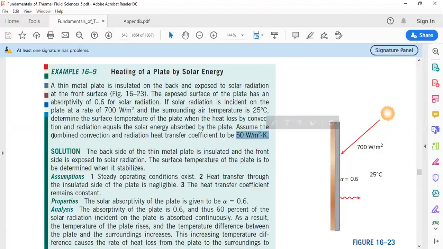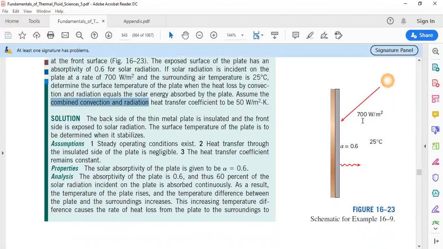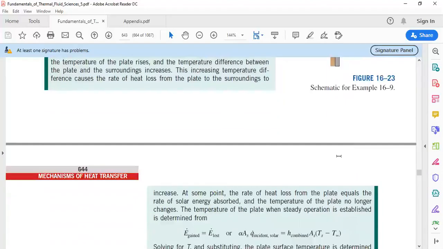Wherever we see the combined coefficient, that means convection and radiation, and that the surrounding and the free stream temperatures are equal. So this incident radiation equals the heat leaving the surface of the plate by radiation and convection. So 700 watt per meter square times the absorptivity and the area equals the heat rate by radiation and convection together.